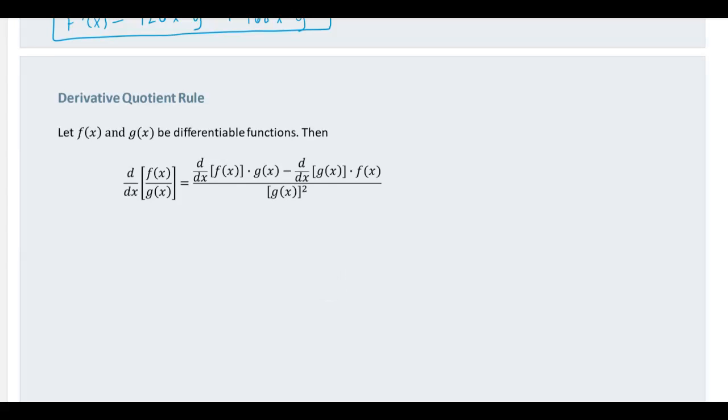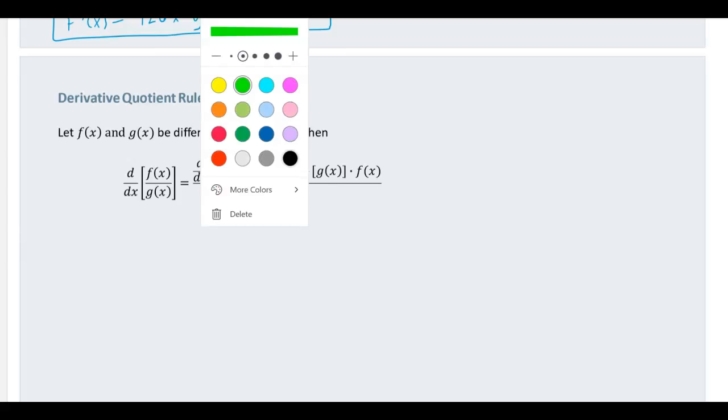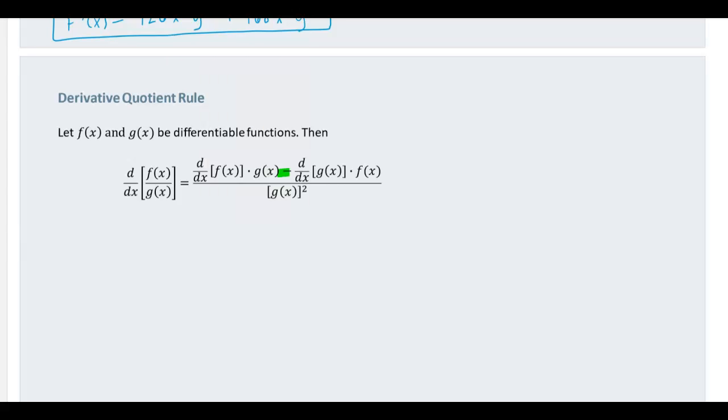I'm taking the derivative of the first function, or in this case, the top function, and multiplying it by the denominator. Notice, though, that we subtract in this formula, and then we take the derivative of the bottom function and multiply it by the function in the numerator. And then the whole thing is divided by the denominator squared.